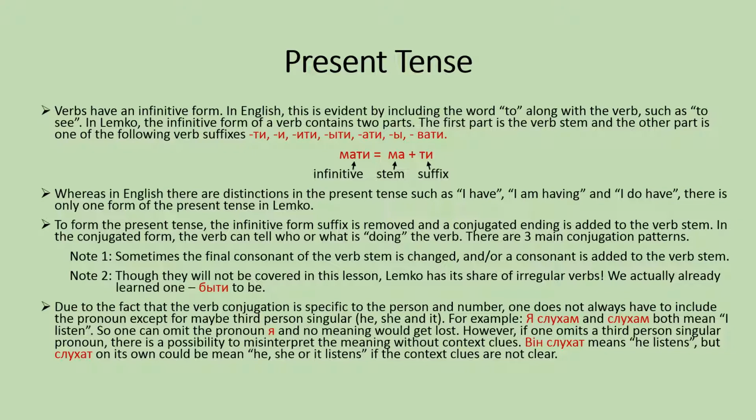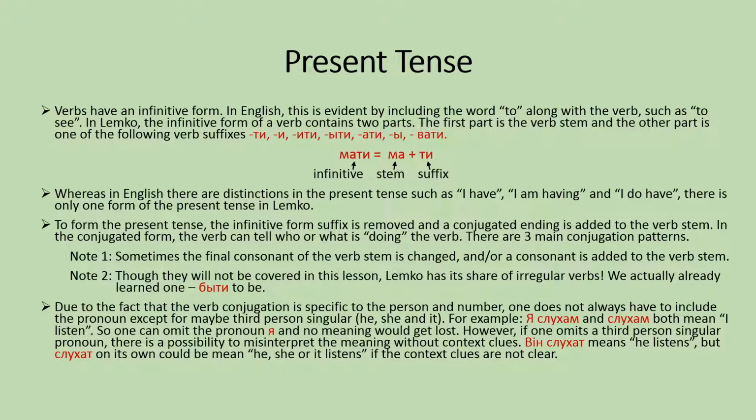Due to the fact that the verb conjugation is specific to the person and number, one does not always have to include the pronoun, except for maybe third person singular, he, she, and it. For example, ja slucham and slucham both mean I listen, so one can omit the pronoun ja and no meaning would get lost.